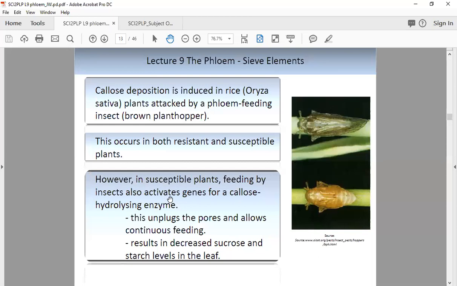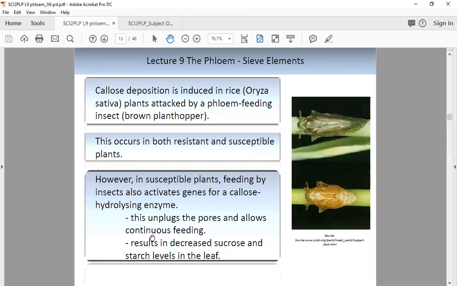callose hydrolyzing enzyme. So that is the insects feeding, and there's some sort of signal which triggers that callose enzyme, the enzyme that breaks down the callose, which enables the insects to feed even further, because it keeps that phloem sap running through the actual phloem.